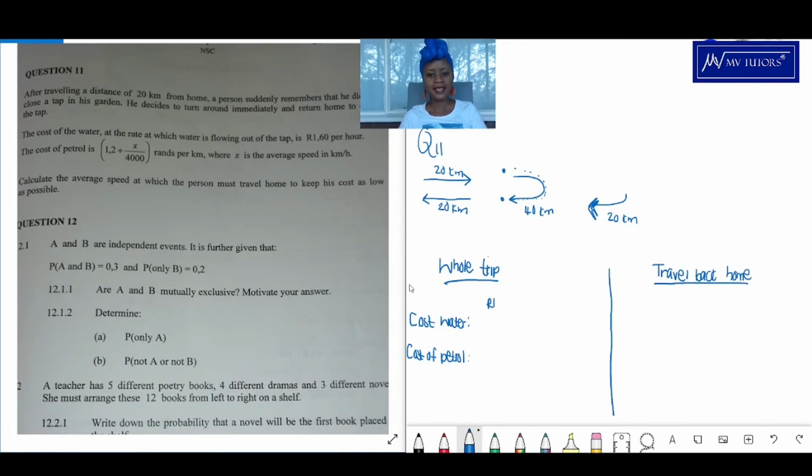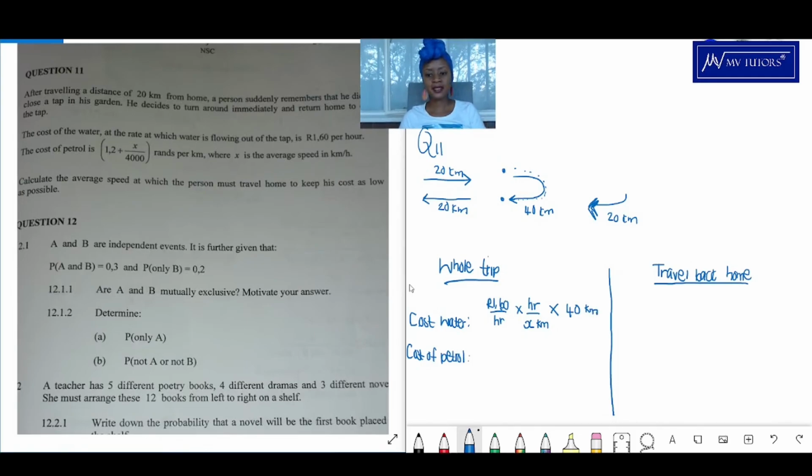Somewhere there I need to slot in X, and I know that X is kilometers per hour. So I'm going to put the hours here and then the kilometers, X kilometers, because I just want these hours to cancel out. And then I'm going to consider the distance that he traveled. Since I'm considering the whole trip here, it is going to be 40 Ks.